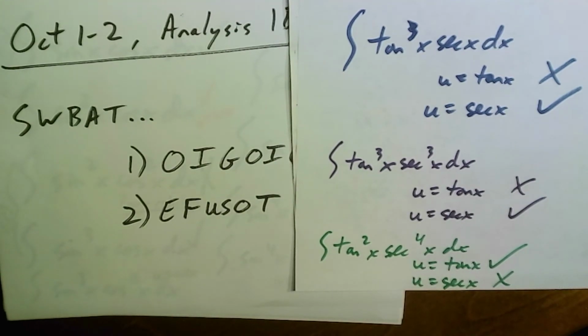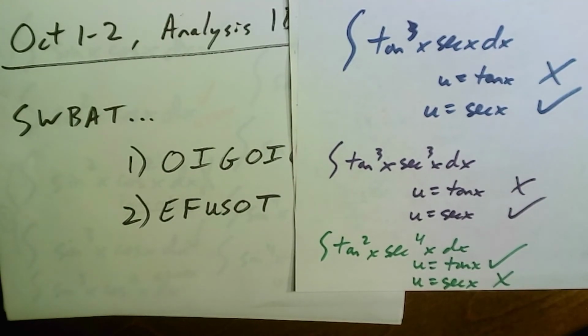And it's all based on that idea of how many you need to steal to easily use your du. You want to be left with an even power so that you can use a trig identity, a Pythagorean identity. So based on how many you need to steal for the du, you want to be left with an even power. When you sub sine, you steal one cosine.